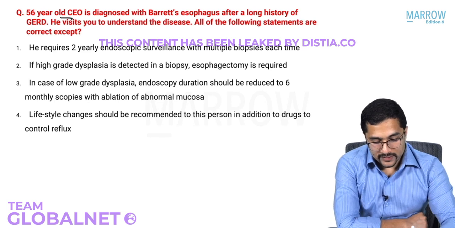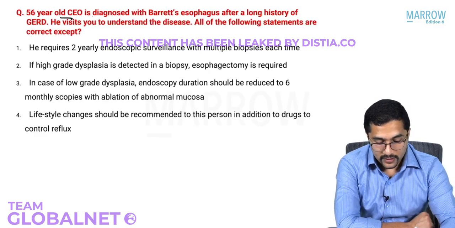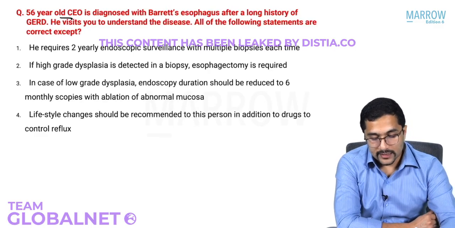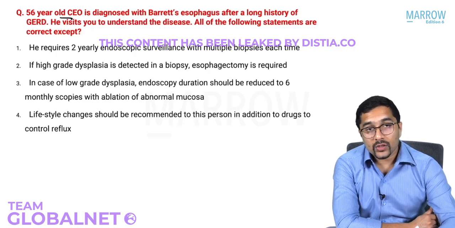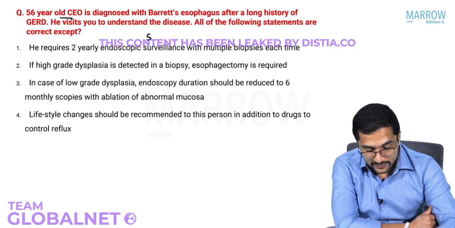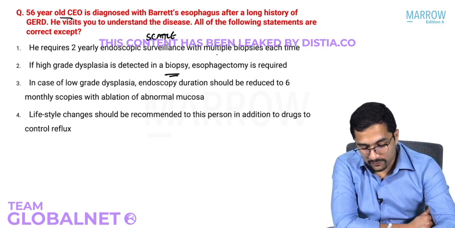A 56-year-old CEO is diagnosed with Barrett's esophagus after a long history of GERD. He visits you to understand the disease. All of the following statements are correct except he requires 2-yearly endoscopic protocol. Correct. This is known as the Seattle protocol. If high-grade dysplasia is detected, esophagectomy should be done.